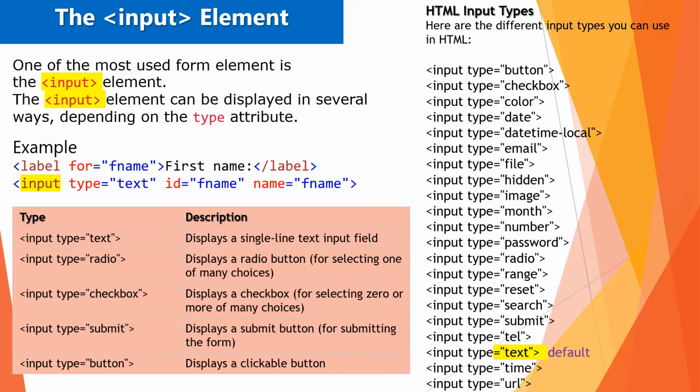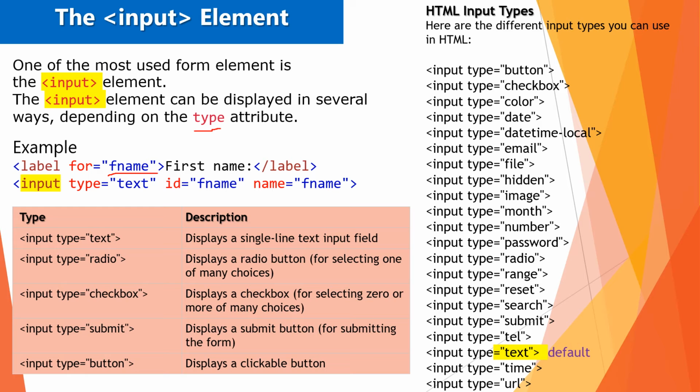Now, this is very important. The first element is an input element. This is one of the most used form elements in our form tag. The input element can be displayed in several ways depending on the type attribute. So very important in the input element is the type attribute. See here, for example, we have given label for is equal to fname.